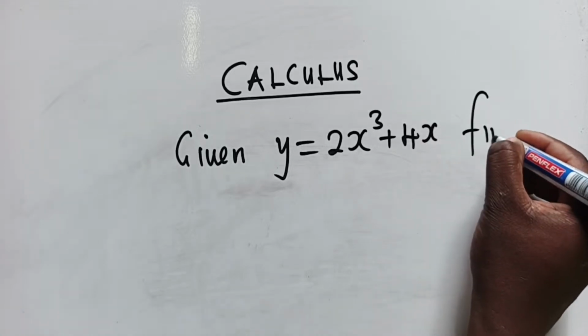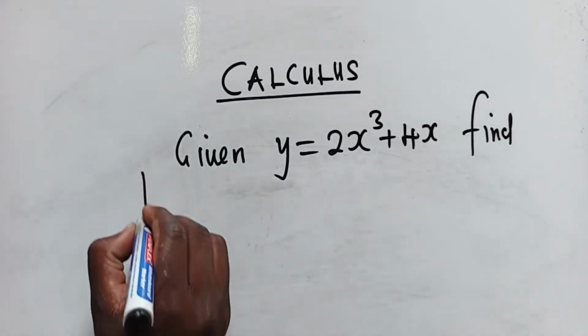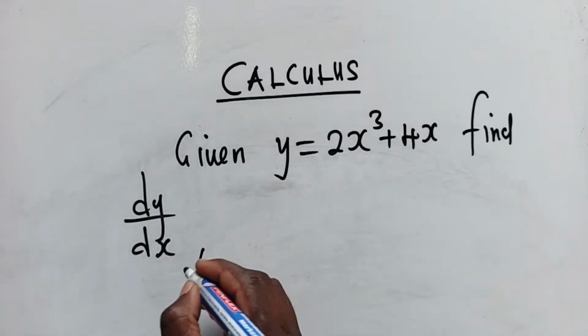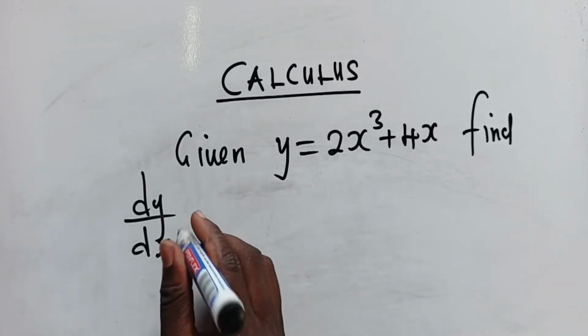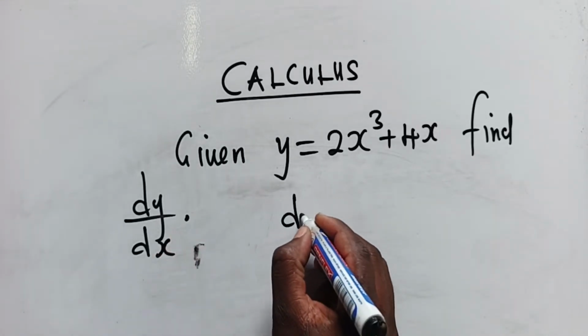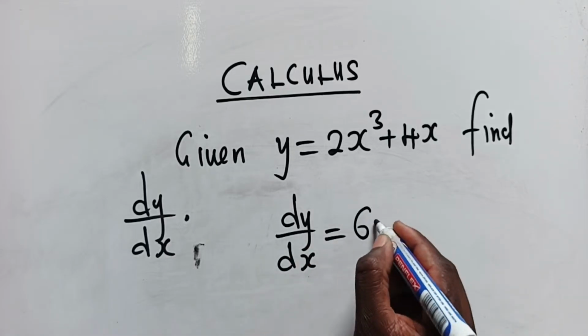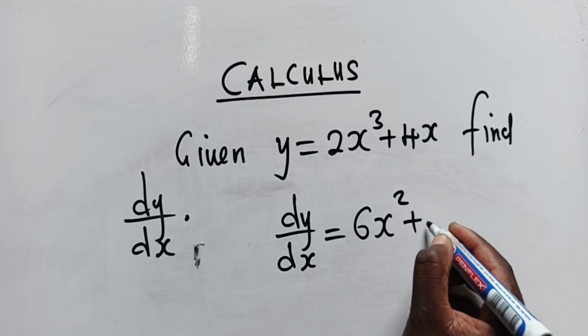Find dy dx. So for you to find dy dx, you are simply going to say dy dx is equal to 6x power 2 plus 4.